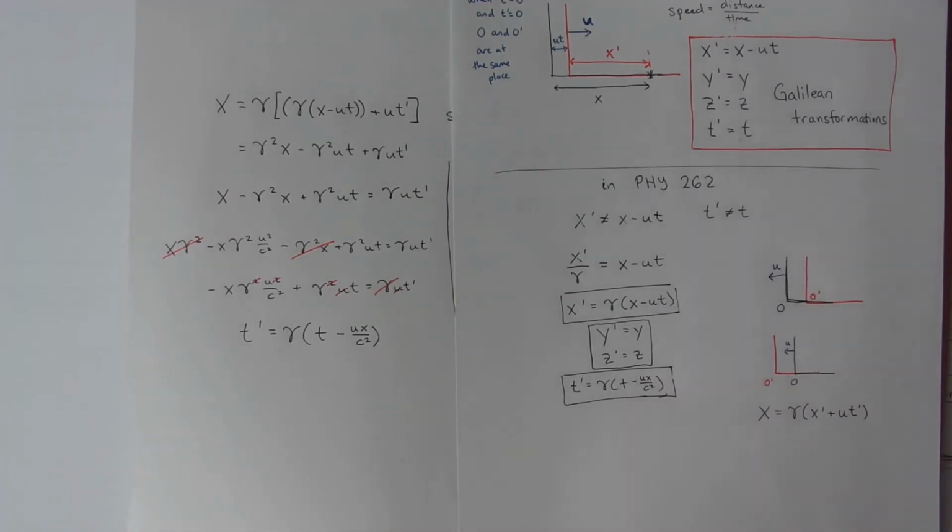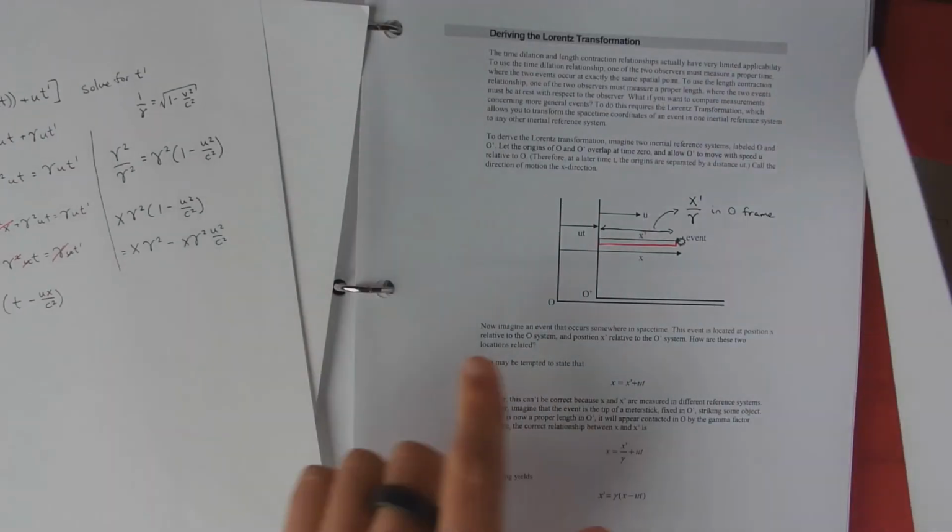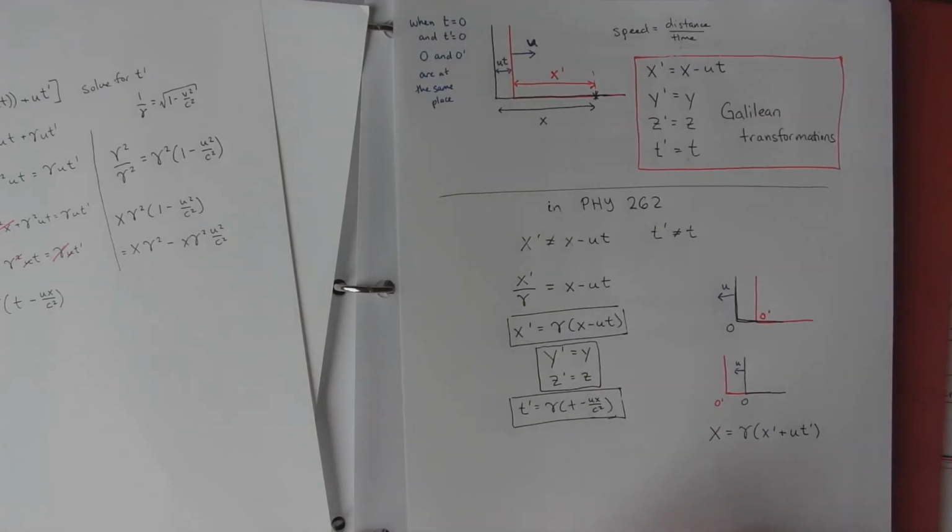Okay, so these four equations are a set of equations which allow you to take the coordinates of an event, which would be position and time, so 3 coordinates for position, 1 coordinate for time, for an event in the unprimed frame, and find the corresponding coordinates in the primed frame.